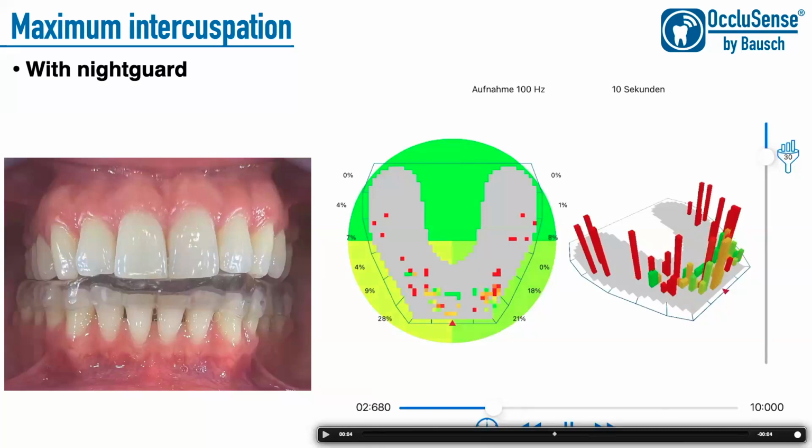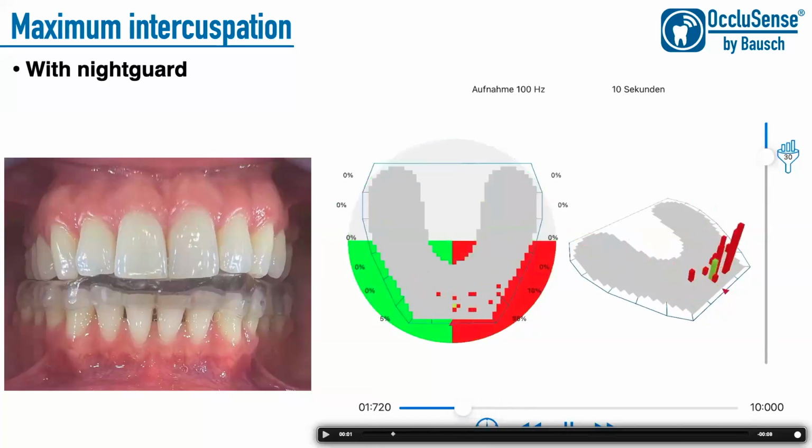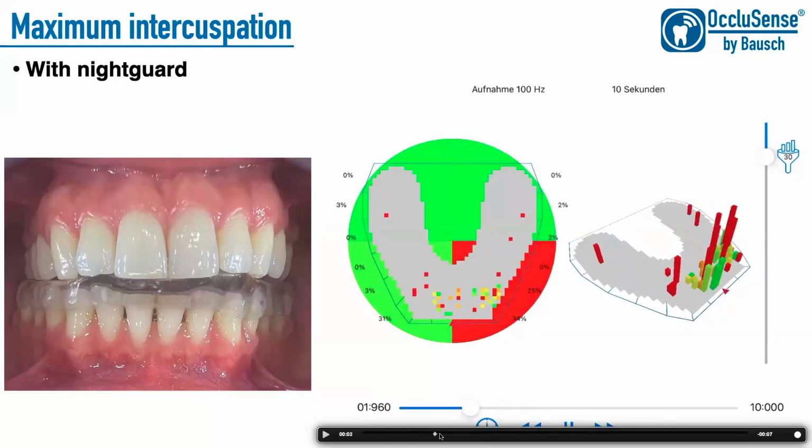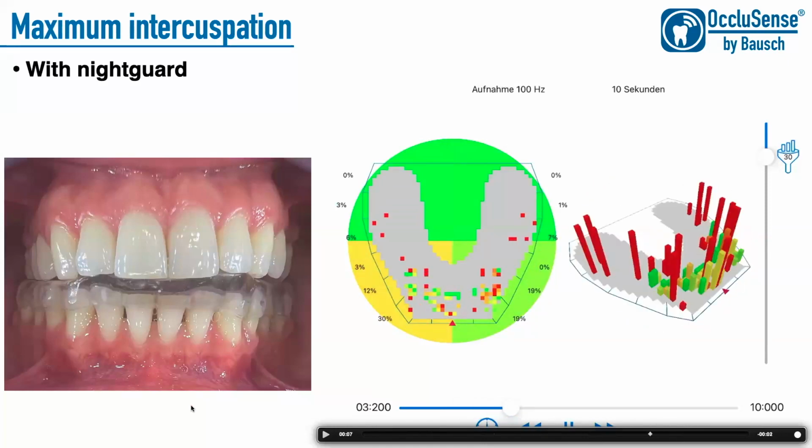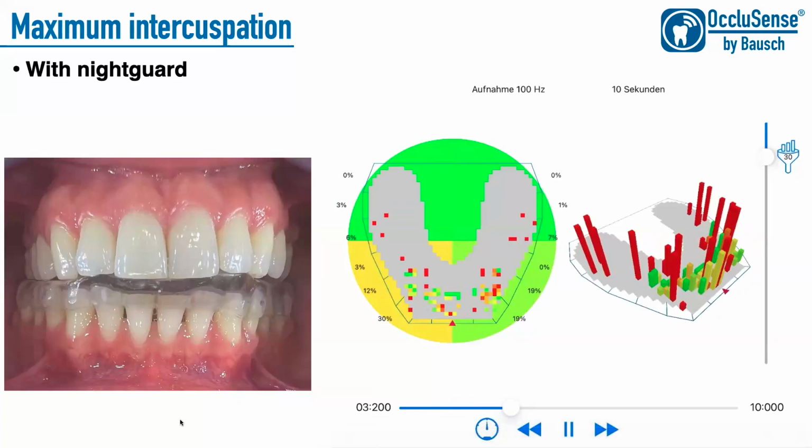But what we're missing is everything that happens before. So all this improper loading and imbalanced occlusion we actually missed. All we could see was the end with occlusion paper.